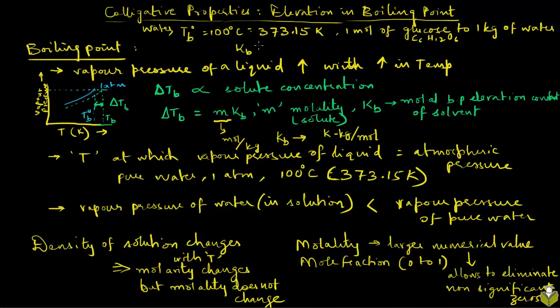So here, Kb for water is 0.52 Kelvin kg over mole. So this is given to us. So delta Tb in this case is going to be 0.52 Kelvin. That's all. So it's only about half a degree increase in boiling point. So we'll look at more examples in later videos.